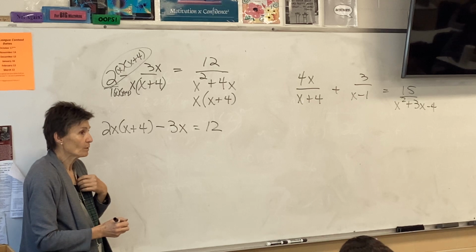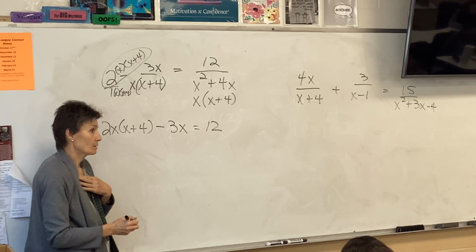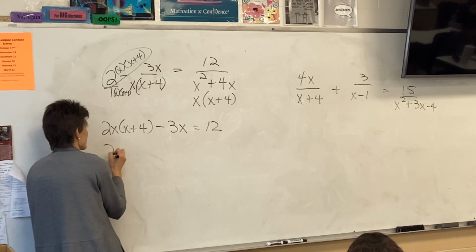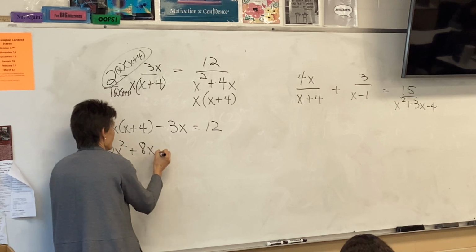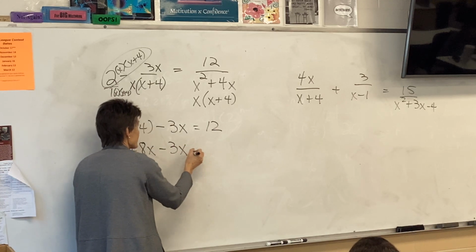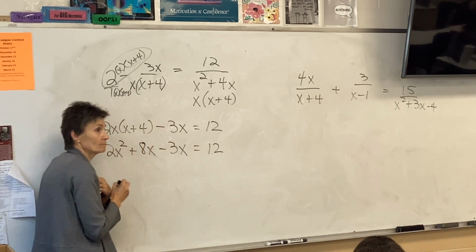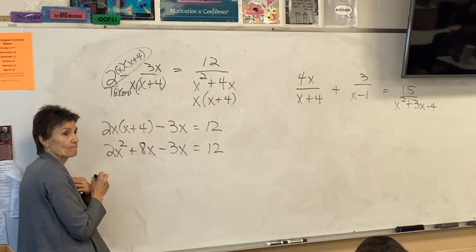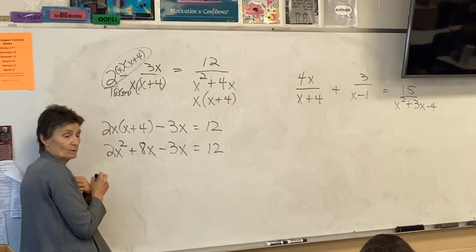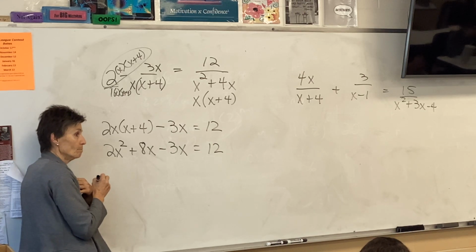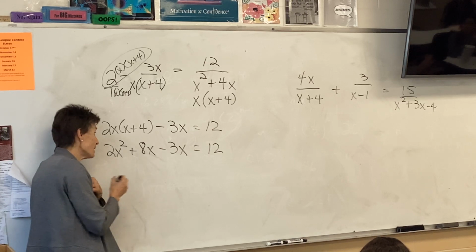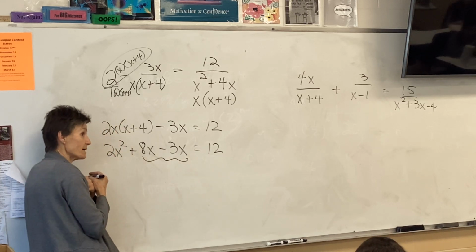Now what should I do with that? Distribute it, so that's 2x squared plus 8x minus 3x equals 12. What should I do with that? Move the 12 to the other side and put those together.